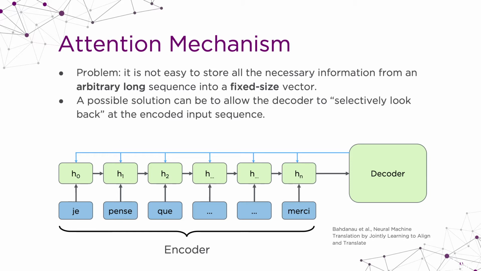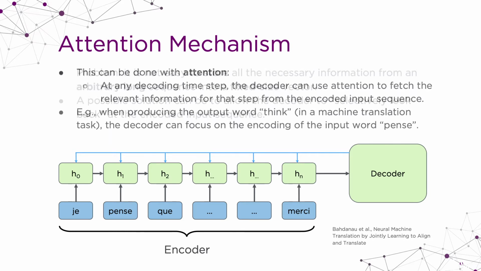The key word here is "selectively" look back, because we don't want the decoder to just go back to the encoded sequence and get all the information. We want the decoder to focus on the information that is relevant for the current state of the decoder, for the current time step. And this is the idea of attention. Attention is a mechanism, which we will see how to implement later, that helps the decoder decide which information from the input sequence is important for the current time step.